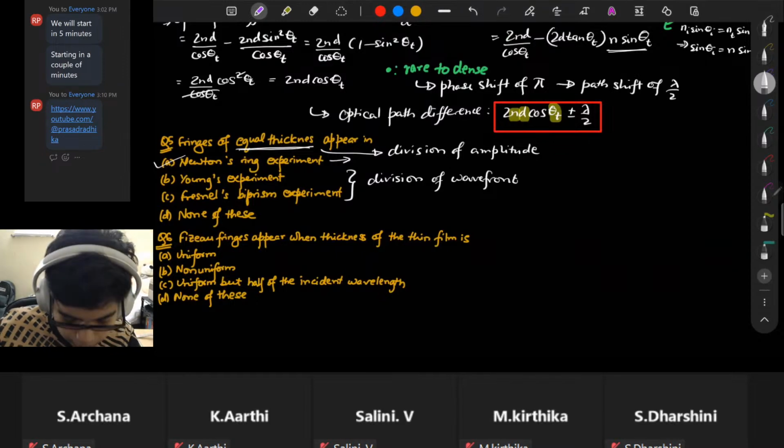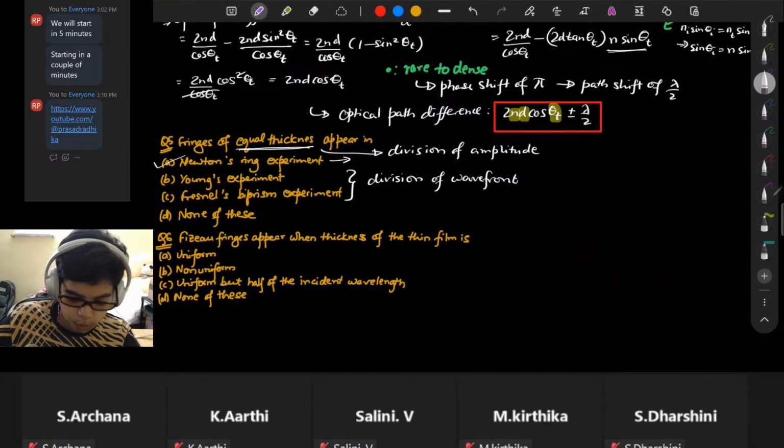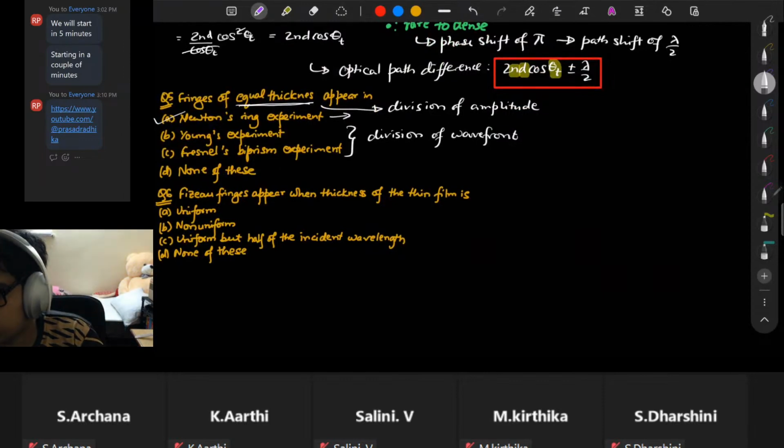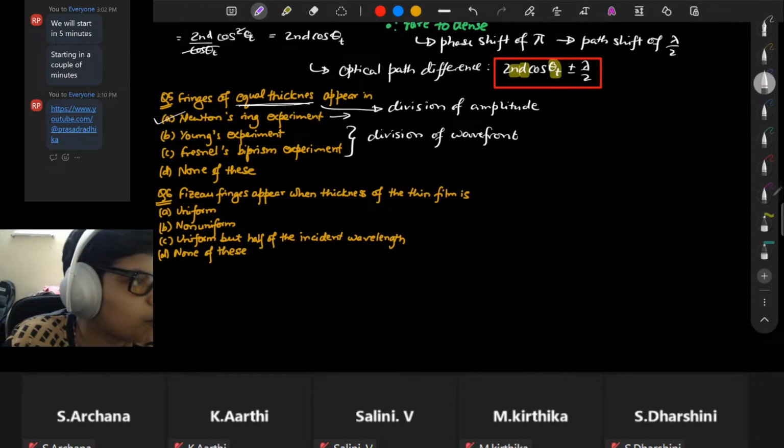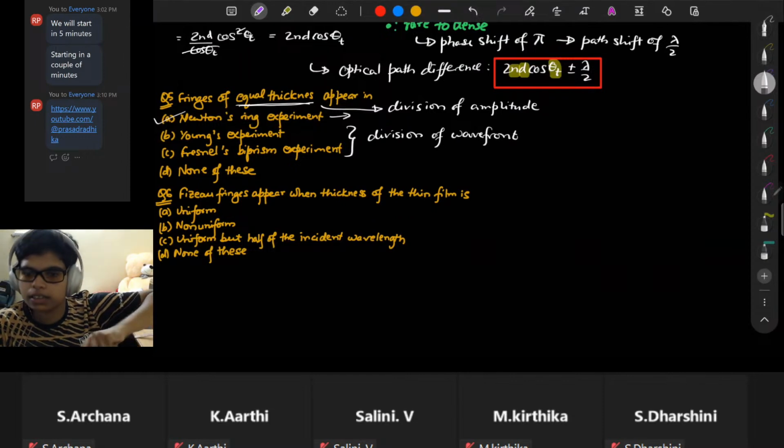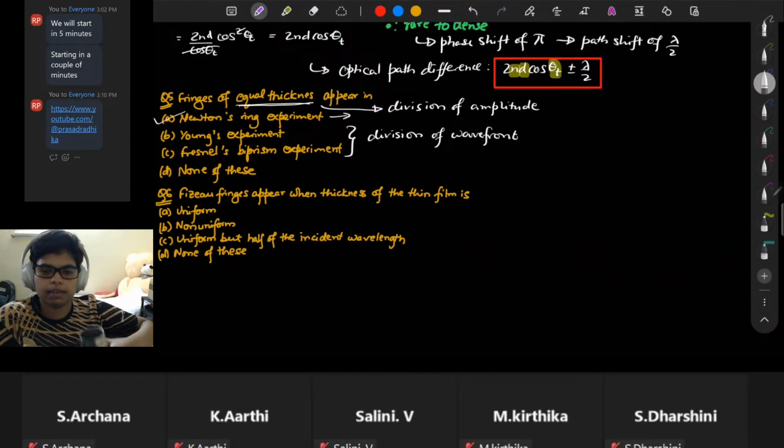We will discuss fringes of equal thickness in the next question, which is also based upon fringes of equal thickness. So before that, since we have solved 5 questions, we are halfway through. Does anyone have any question up until this point? Since 5 questions are over, we can take some break. If you have some questions, please let me know.